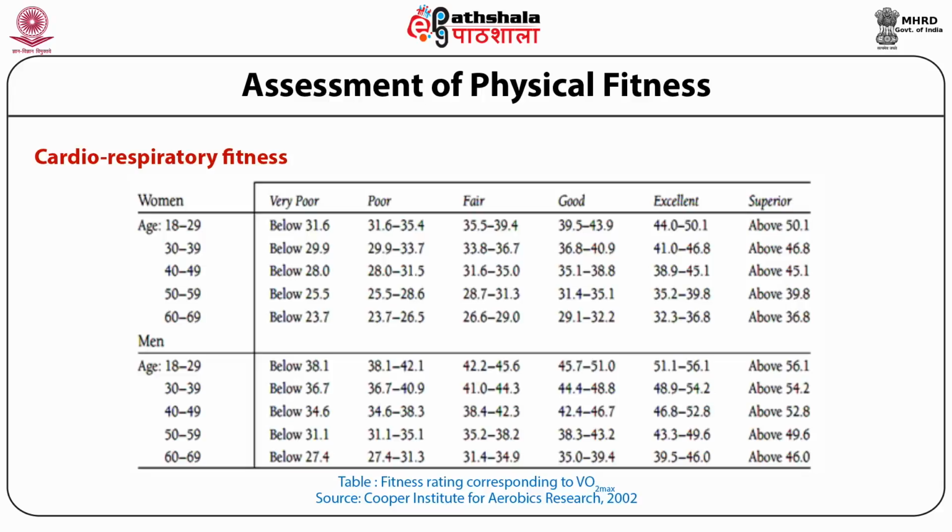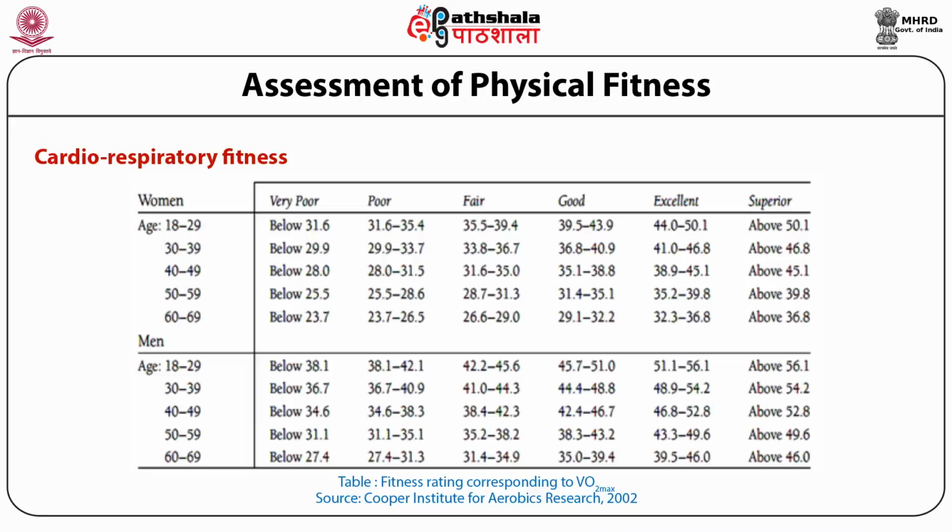As we can see from this table, for a woman of age group 18 to 29, or for an adult woman, a VO2 max value of about 50 and above is generally considered to be a superior fitness level.